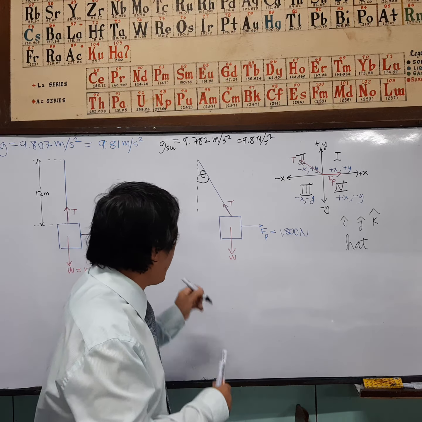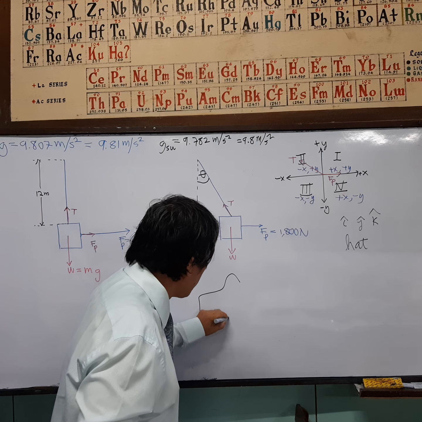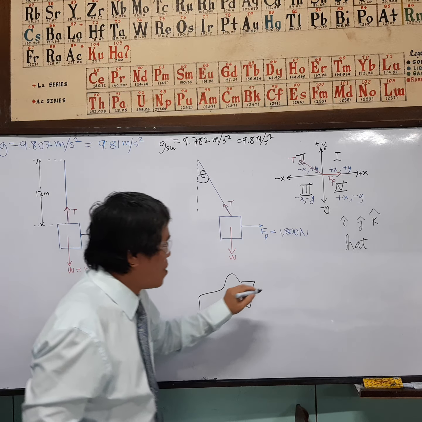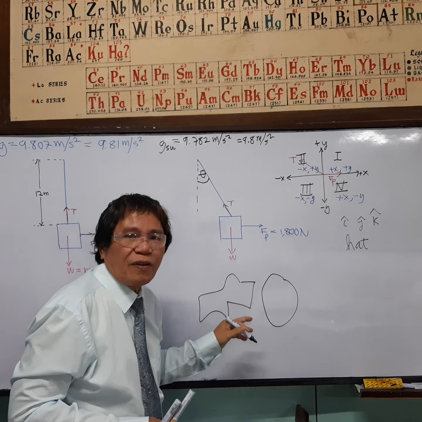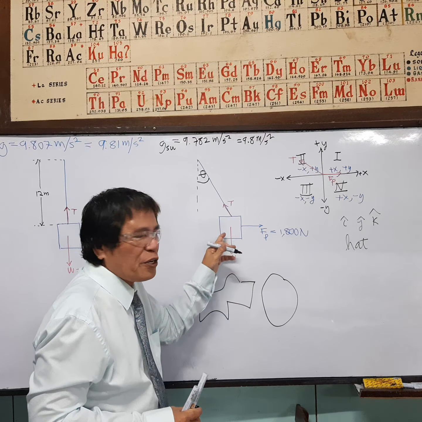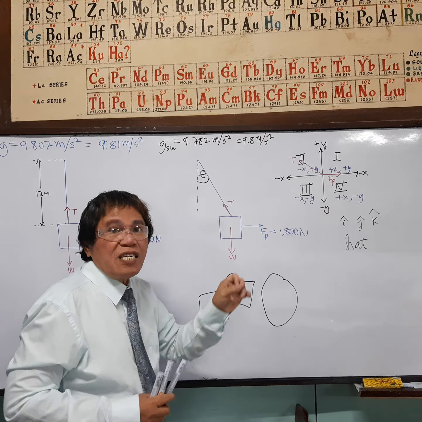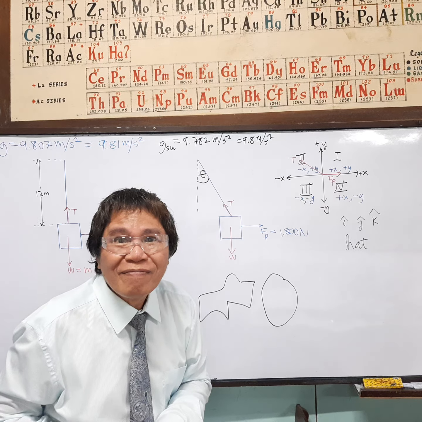Unlike this one, this is irregular. This is an irregular body. Or this one. This is an irregular body. This one is a regular body. And for any regular body, the weight is assumed to be concentrated at the center of the body.